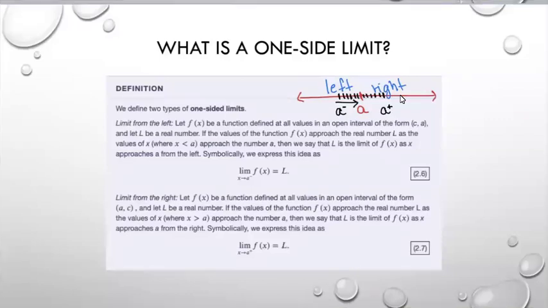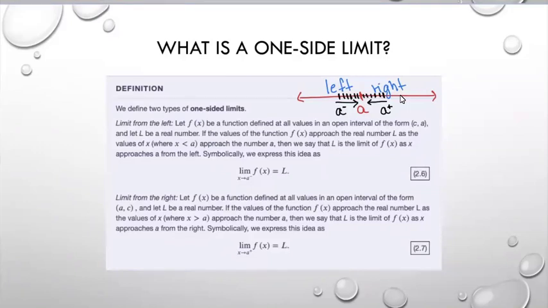That is language that you have to have very clear, all right? So we're moving to the left, but we are approaching from the right, all right? To and from, two different words.